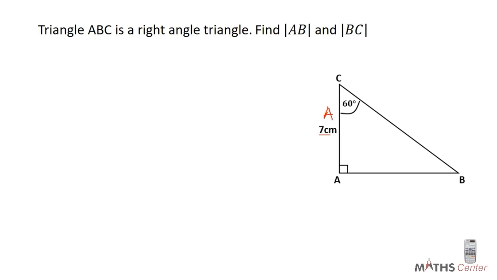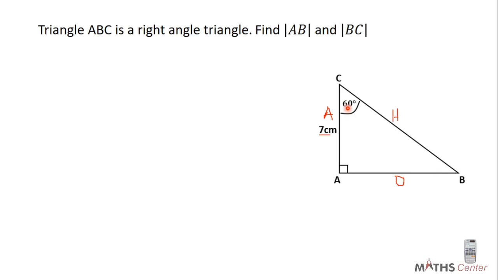AB is opposite to 60 degrees, and this side here is the hypotenuse. Okay, so we know this. Considering 60 degrees, AB is opposite, AC is adjacent. The adjacent is 7 centimeters. We are looking for the opposite side.